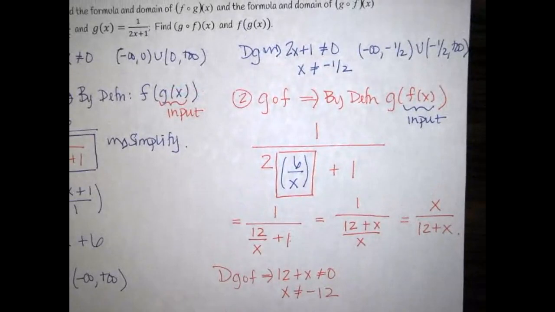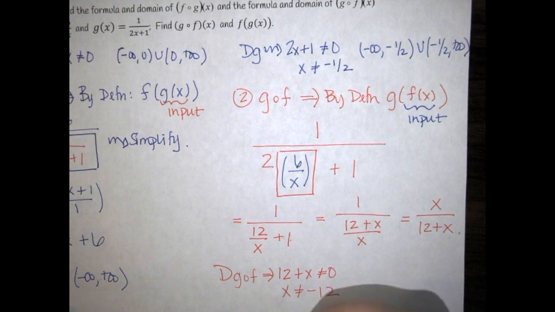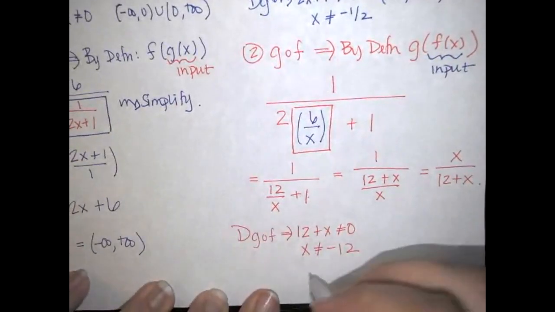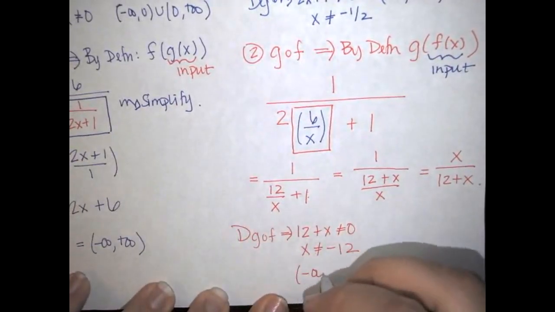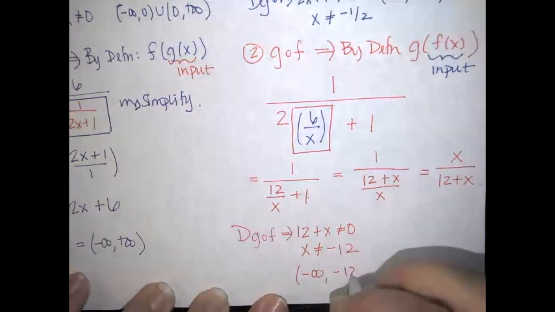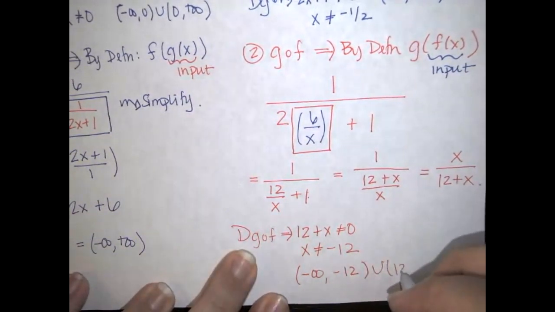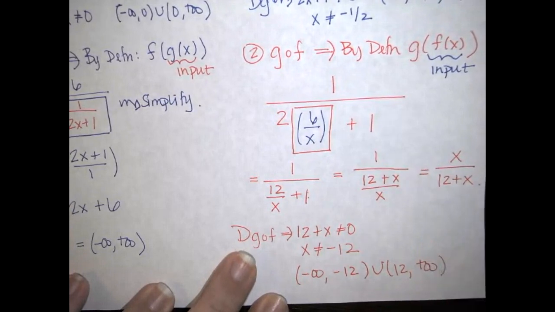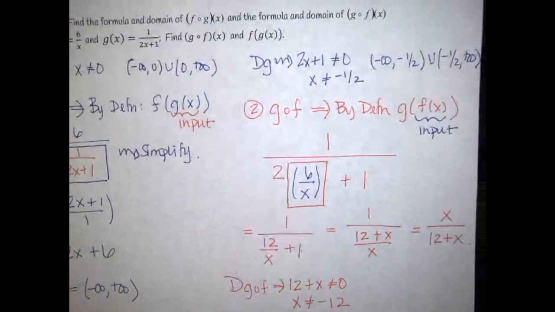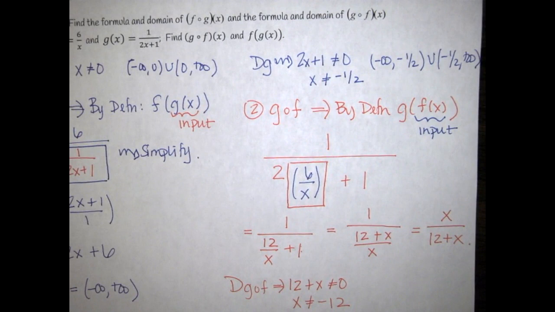And so that's the domain that we are looking at there, that negative 12 can't be included. So my interval here is going to go from negative infinity to negative 12, union negative 12 to positive infinity. So that's one example of using or finding the domain of compositions.